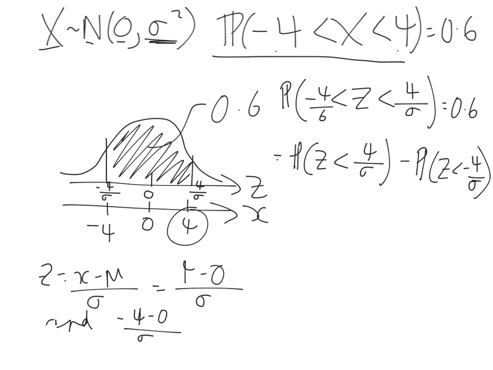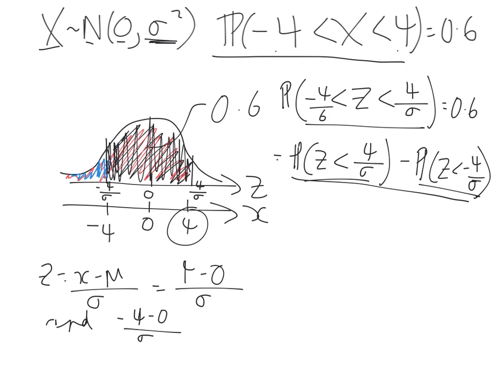And the reason we can rewrite it is that basically we're talking about this area subtract this area leaves us with the bit we want, which is this area. Okay, so when we have one that looks like this, we can always rewrite it like this, as the bigger area, subtract the bit we don't want.